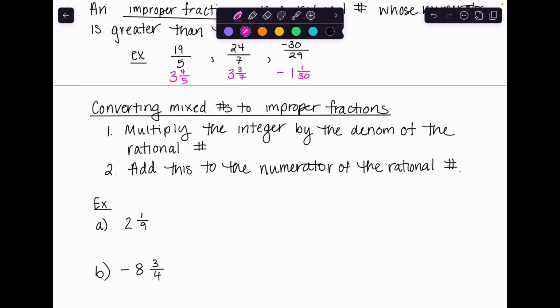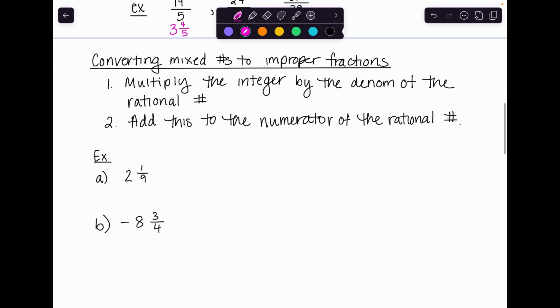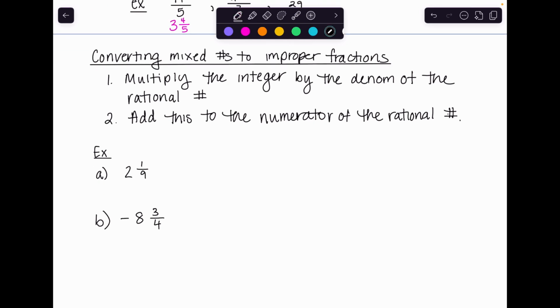So just as 2 examples to show you this, if I have 2 and 1/9, this means I'm really taking the number 2 and I'm adding 1/9 to it. To get these to be the same denominator, I need a 9 in the bottom, which means I need to do the same thing in the top, okay?